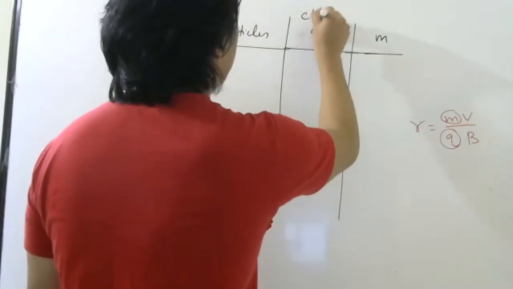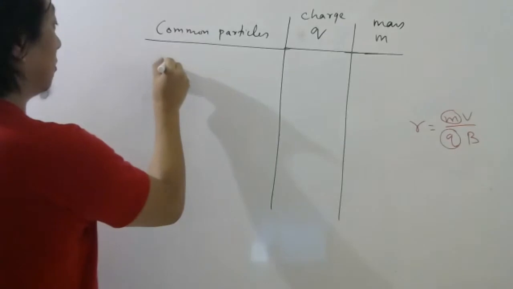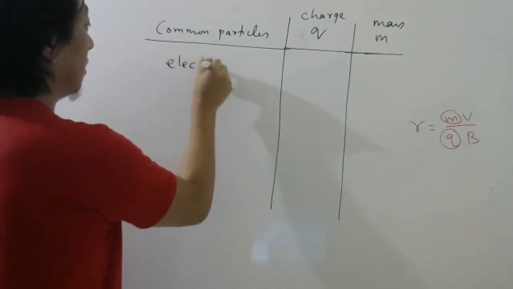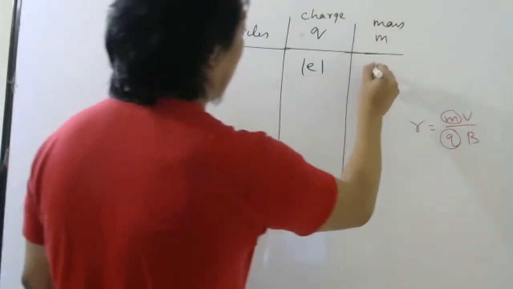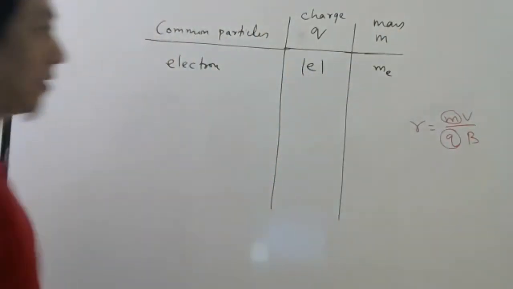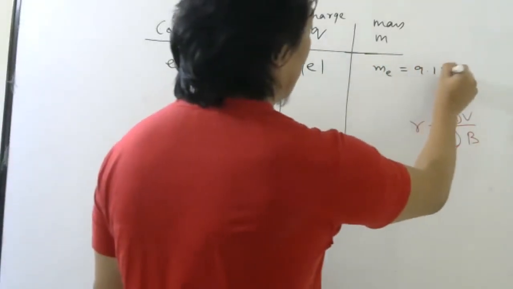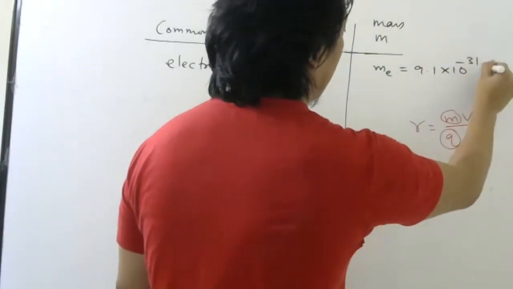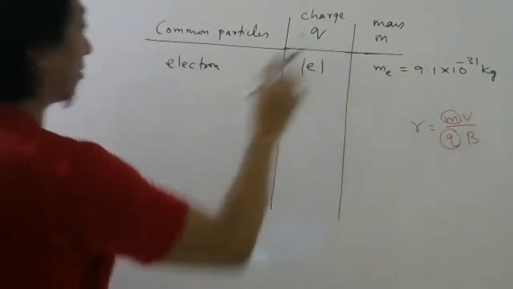First is obviously the electron. Electron charge magnitude is e, and mass we write m_e, 9.1 into 10 power minus 31 kg. Extremely small. This is the electron.